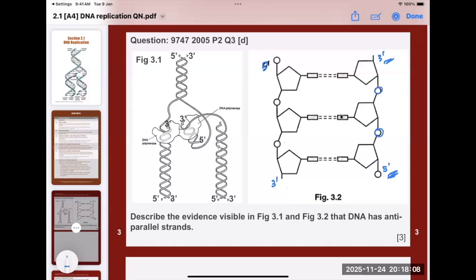At the top, the phosphate is like off. You see it? We always look at this one. This one is all like that, right? So it's the direction of the pentose sugar. One pentose sugar is all pointing upwards, the other pentose sugar is all pointing downwards. So that is the evidence that tells you that it is the other way.